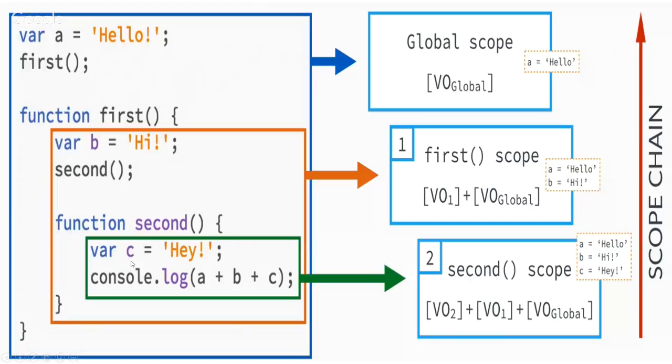Then it looks in the scope of the parent function, which in this case is the first function, and finds the b variable there. The same happens for the c variable, but this time it's in the local scope here. It's readily accessible. This traversing through the scopes is called the scope chain.